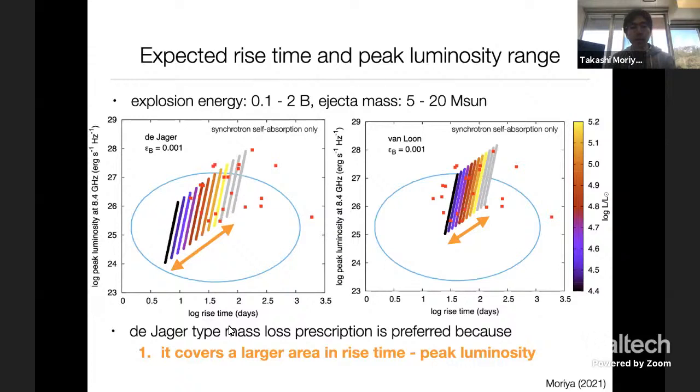One is that it covers a large area in the rise time and peak luminosity region. You can see the Van Loon type prescription only covers a very small range of rise time and peak luminosity. Especially the rise time is very narrow in the Van Loon cases, while the de Jager type prescription predicts a very wide range of rise time, as observed in the actual radio light curves from type II supernovae.